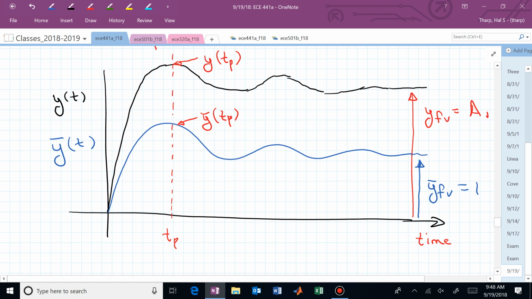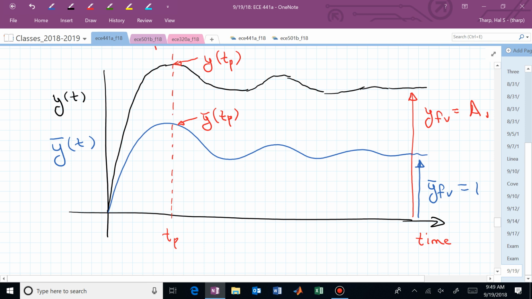That's pi over omega sub d. In our functional form for y bar, we just substitute pi over omega sub d for t, and we will have the peak value. We'll have y bar of t sub p. I'm talking my way through, because I know we're out of time, and I'm not going to be able to derive all of this in the time that we have remaining.